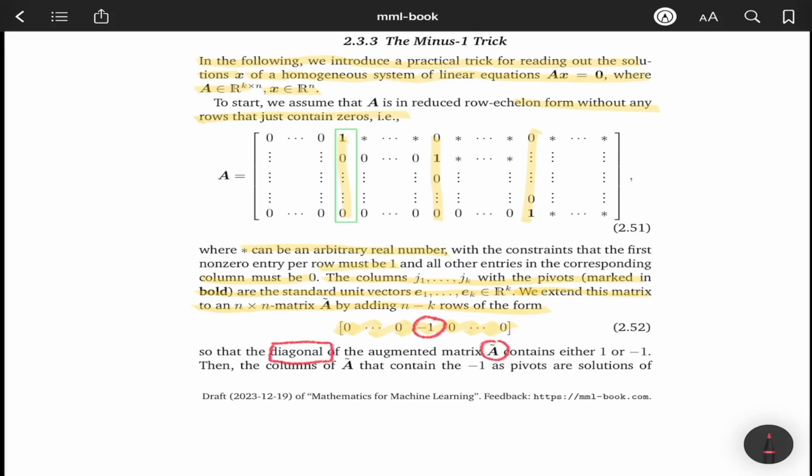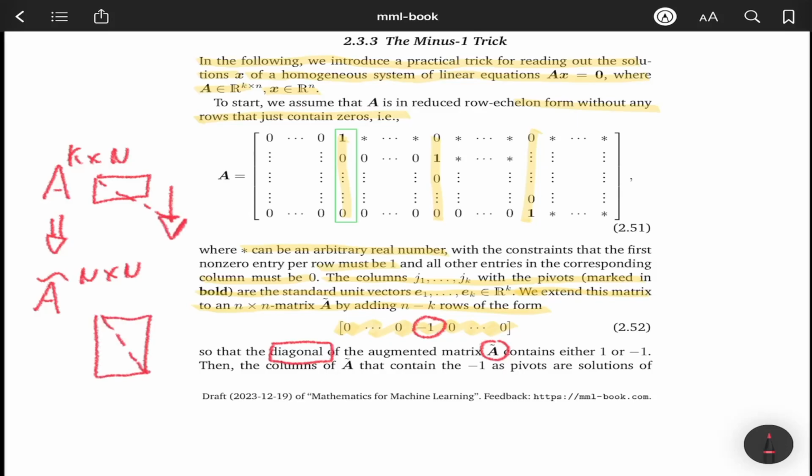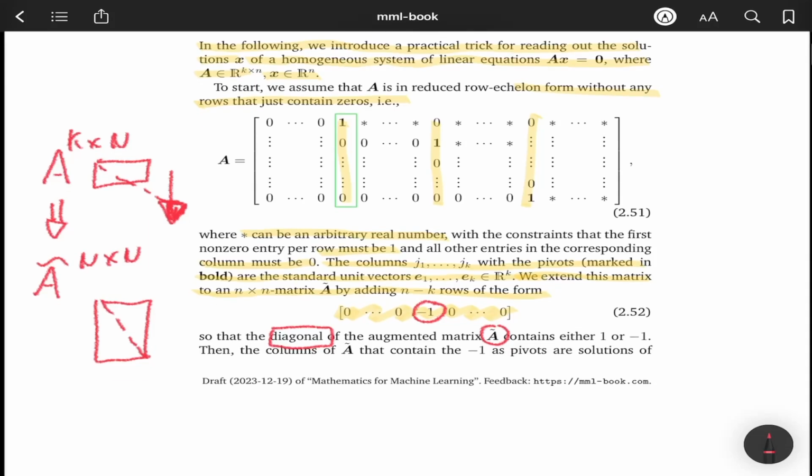Okay, so we start with an A that is k times n, and what we actually want is an n times n. So we make the matrix taller. We might have something like this, and then something like that. Yeah, so it has to be a square.